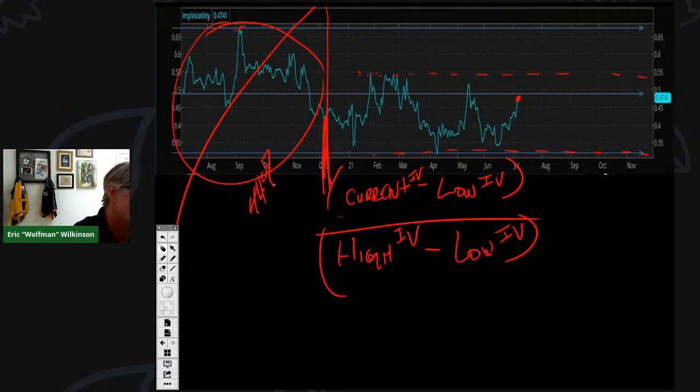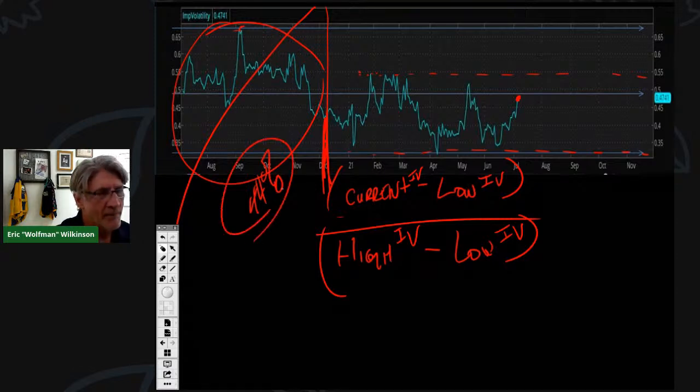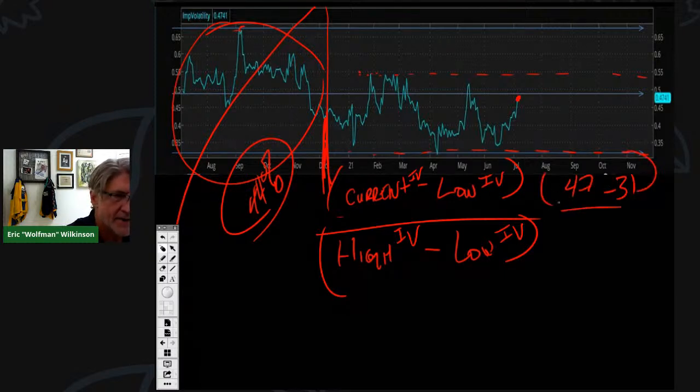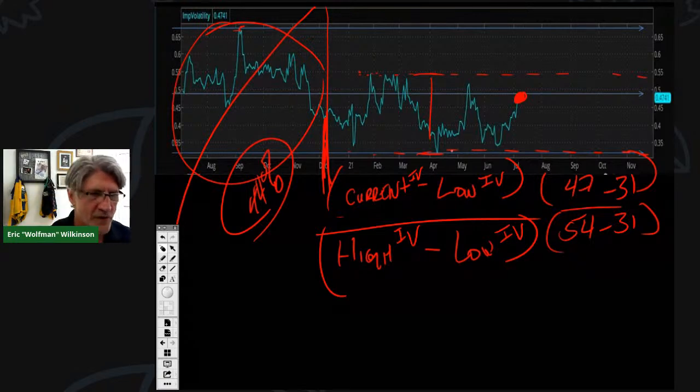But if I use the current right now, which is 47, and subtract the low, which is 31, and then divide by the high, which I'll give as 54, minus the low, which is 31, we're trying to get where this is within this range in percentage terms.